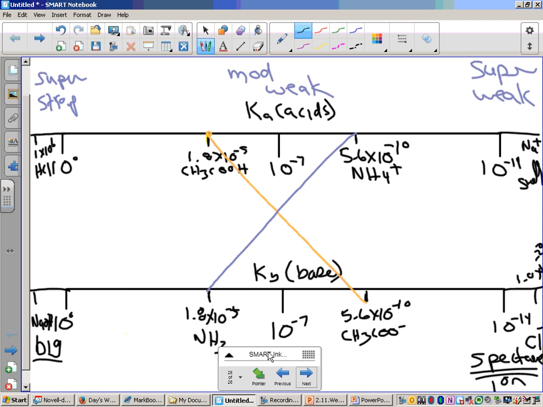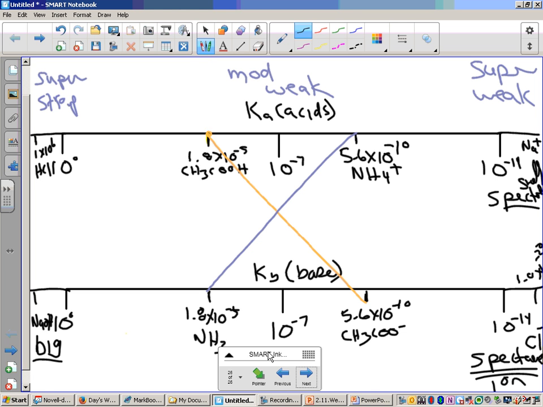That automatically makes Na a super weak conjugate acid. And if it's super weak, what do we call it? It's not doing anything. It's not playing the game. It's a spectator as well.